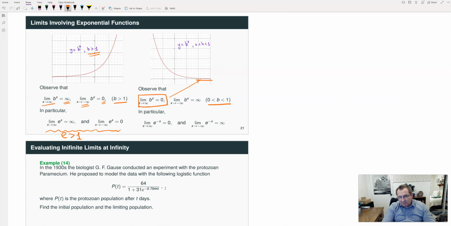Absolutely the same way, if we look at e to the negative x, which is the same as 1 over e raised to x, we notice that 1 over e is strictly less than 1. Therefore, we have a case of the exponent that is less than 1, and the limit at positive infinity will be 0, and the limit at negative infinity will be infinite.